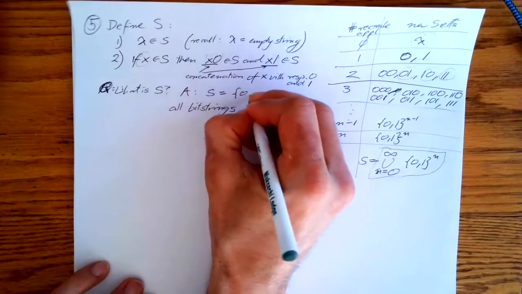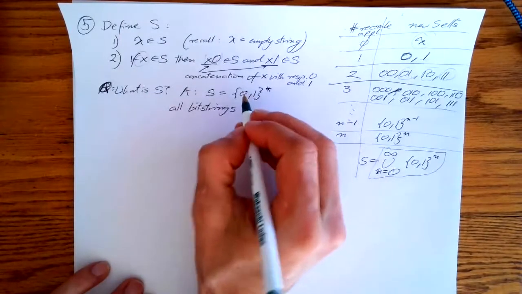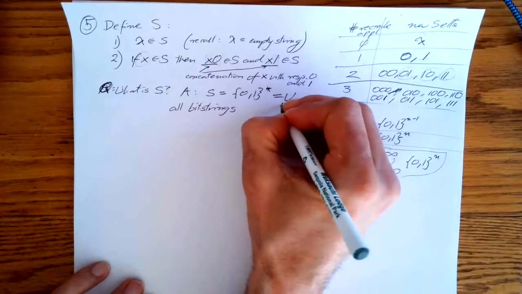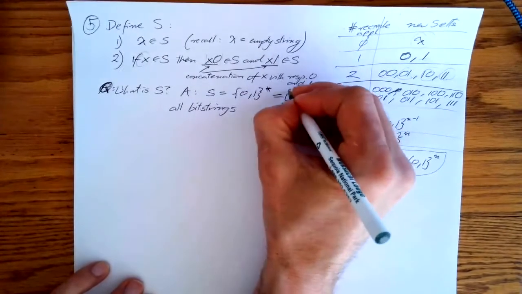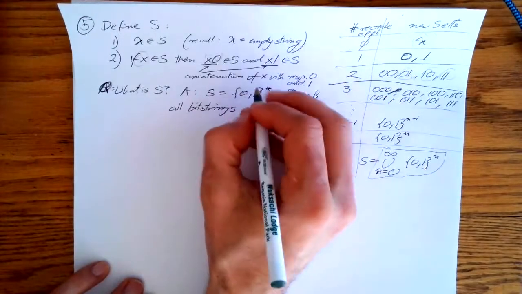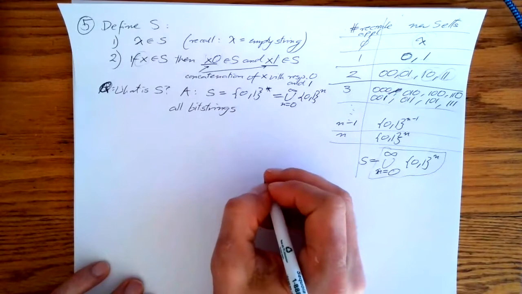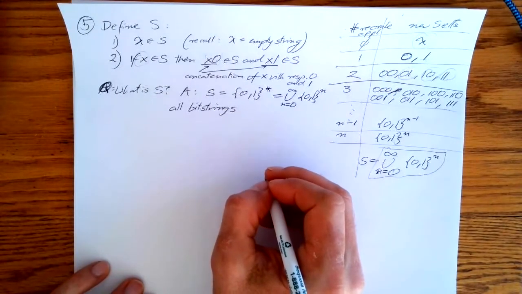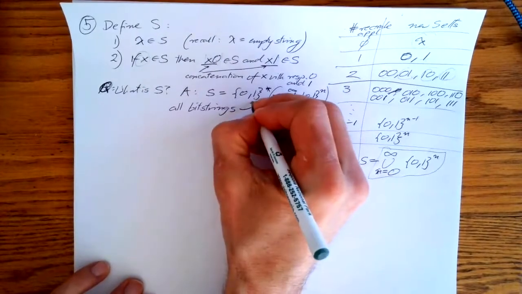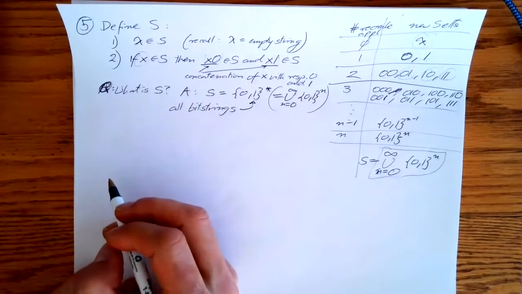It's {0,1}*, because that stands for this infinite union of strings over this alphabet that are of length n. And that simply means all bit strings, including the empty one.